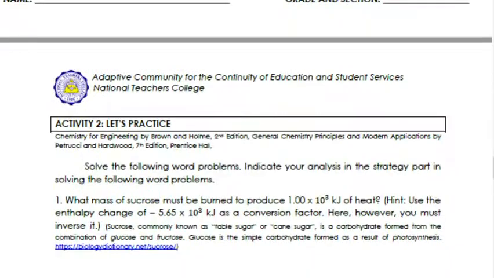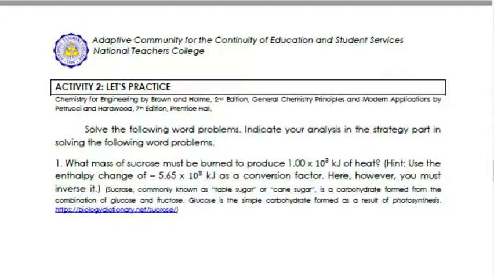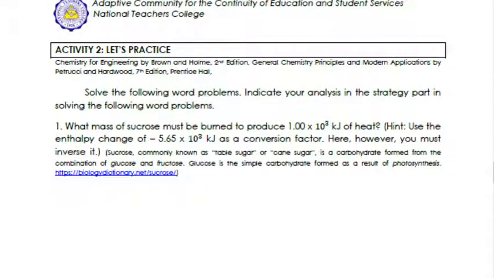Activity 2 is an application of the readings 1. Use the GRESA method and indicate your analysis and strategy.